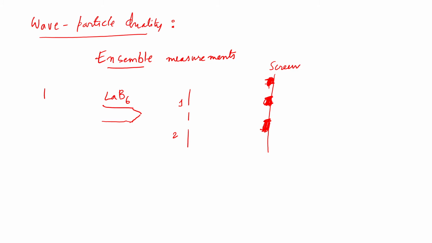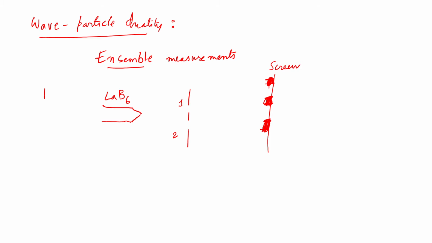You would be able to see these bright and dark fringes after several electrons, billions of electrons fall on the screen. You don't see it with 1 electron, you don't see it with 2 electrons, you don't see it with 10 electrons. So this is what a statistical or ensemble measurement is. So it is not that it is 1 electron that is being particle and wave at the same time.